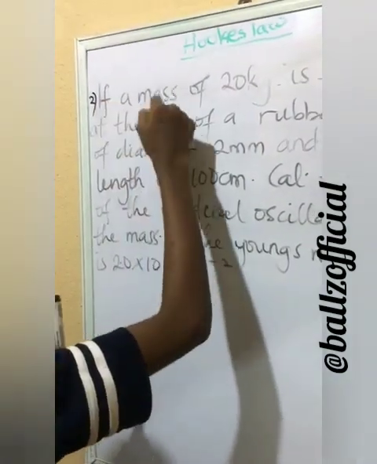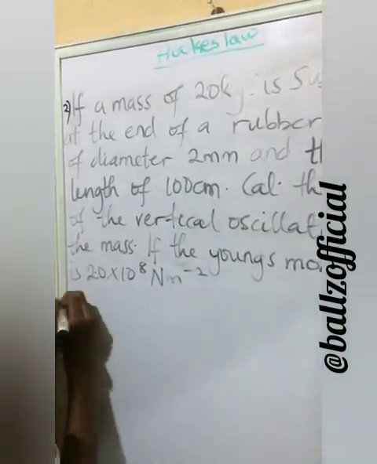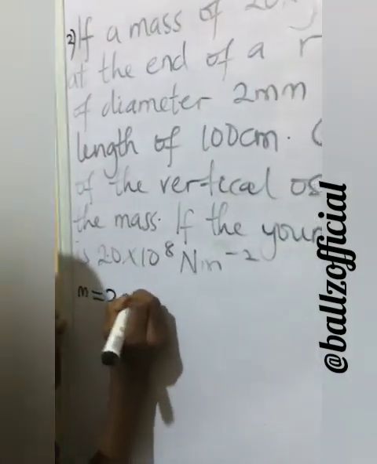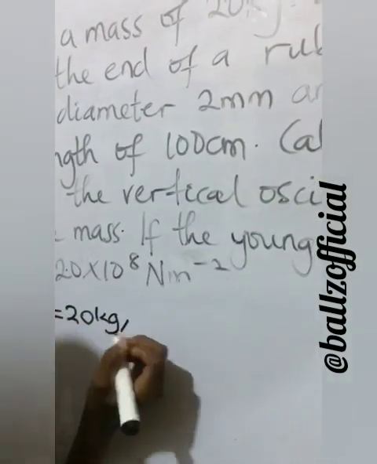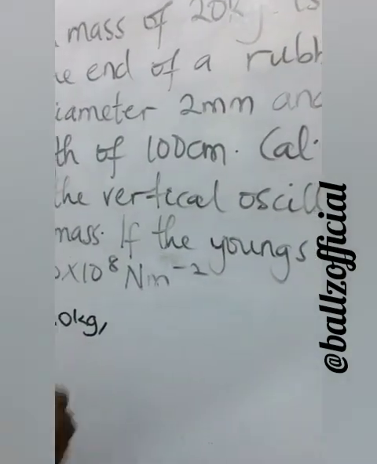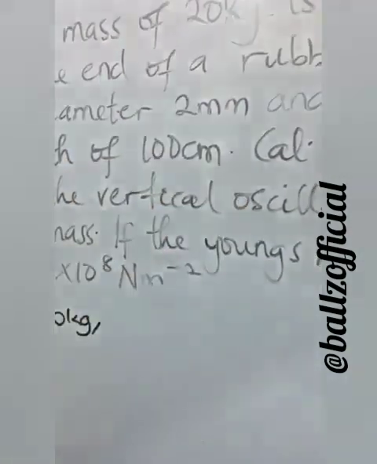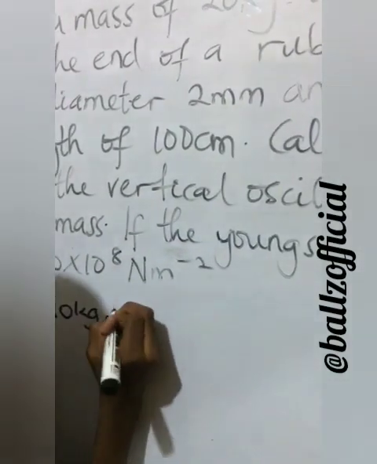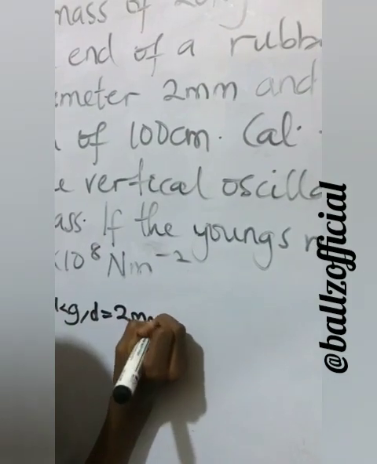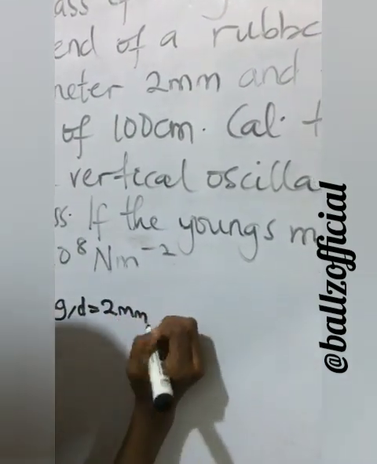So they say if a mass of 20 kg, you bring it out. M, which is mass, equal to 20 kilograms, is suspended at the end of a rubber cord of diameter 2 millimeters. So you bring it out. Diameter, which is D, equal to 2 millimeters, and the length of 100 centimeters.